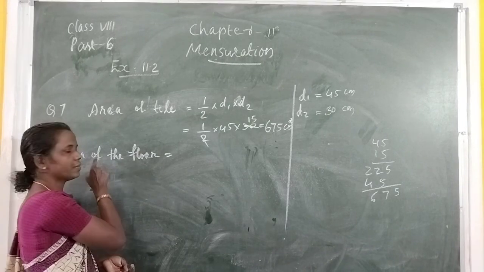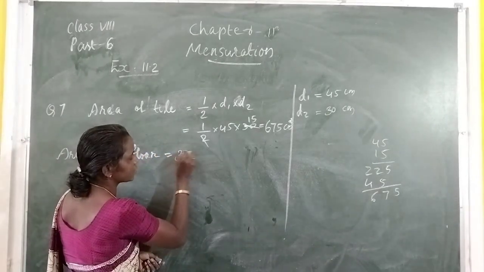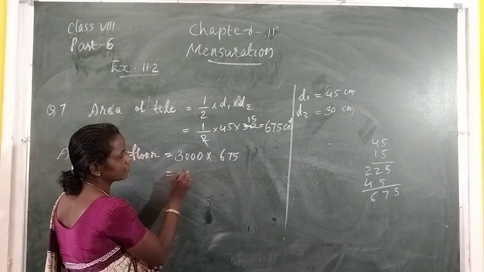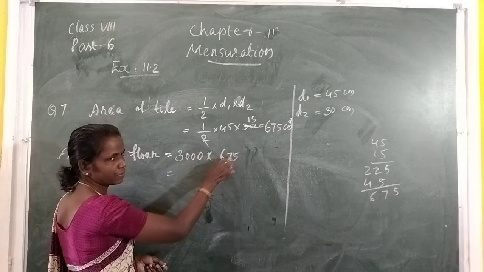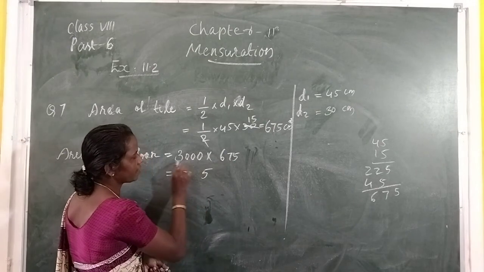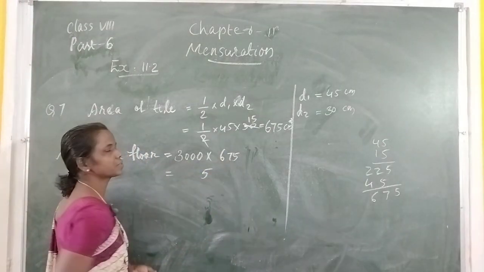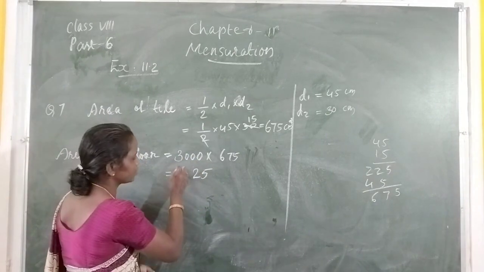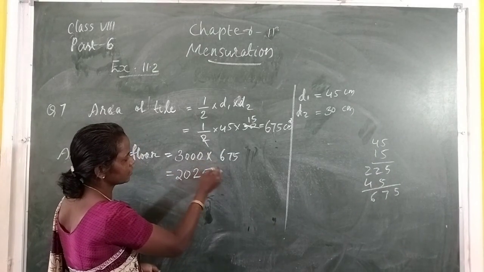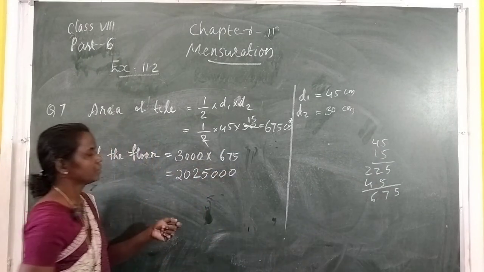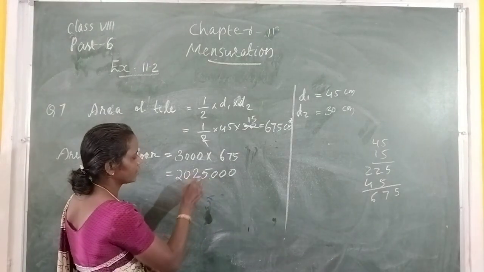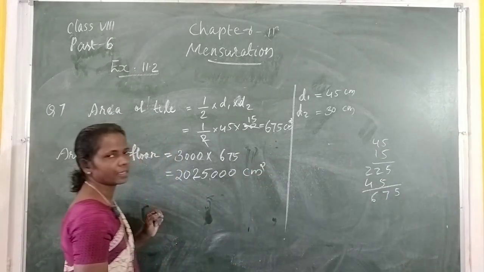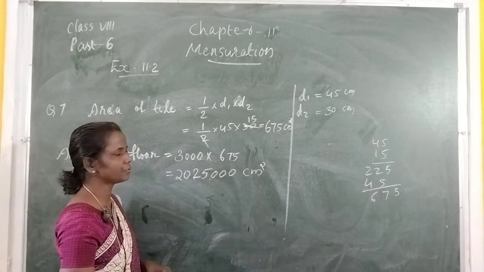So the area of the floor is 3000 into 675, which is 20,25,000 centimeter square.